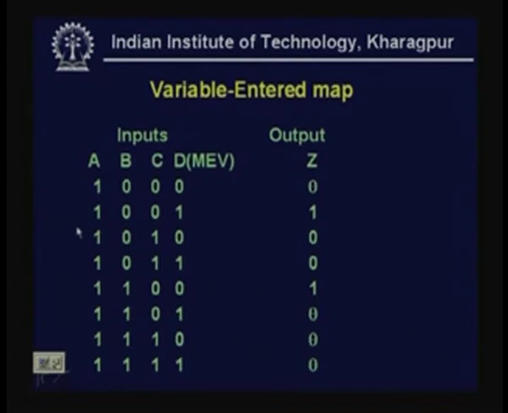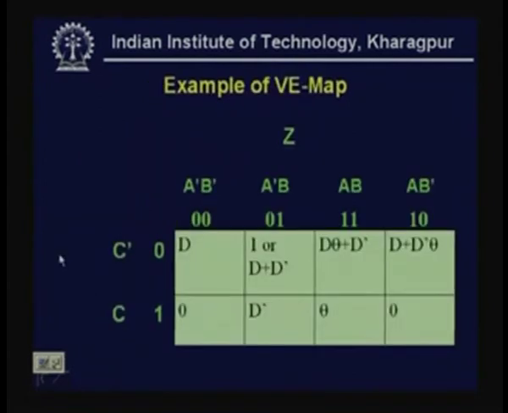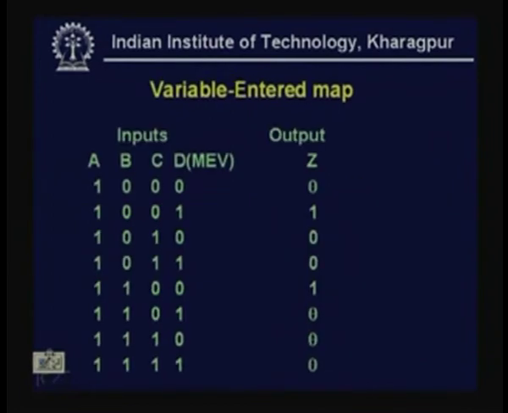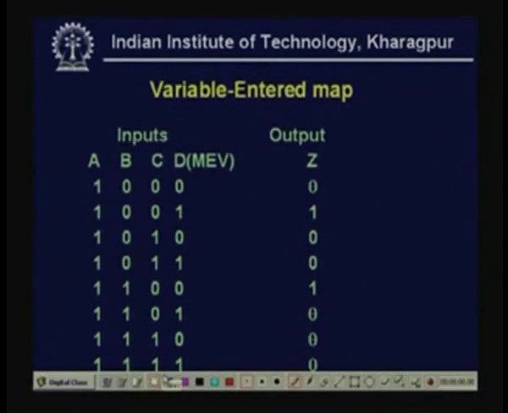Now again for the next pair, see, this is for the term A, B dash, because A is 1, B is 0 means B dash, and C is 0 means C dash.